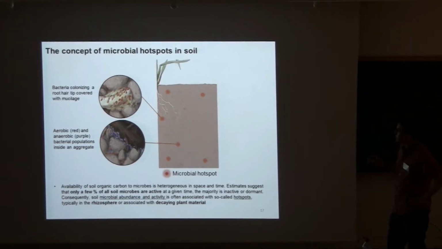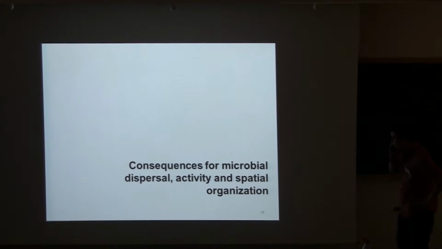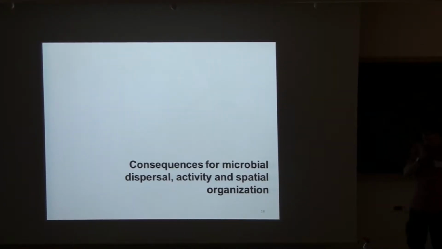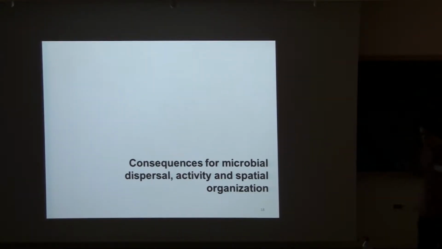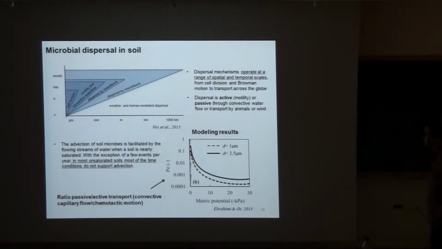So with this, I think now we move to, more precisely, what are the consequences for important processes such as dispersal, activity, and spatial organization. And I want to start with dispersal of microbes. Here I took this nice illustration from a good review by Voss et al., where they look at the variety of dispersal mechanisms. And here it's important to realize that those mechanisms operate at a range of spatial and temporal scales.